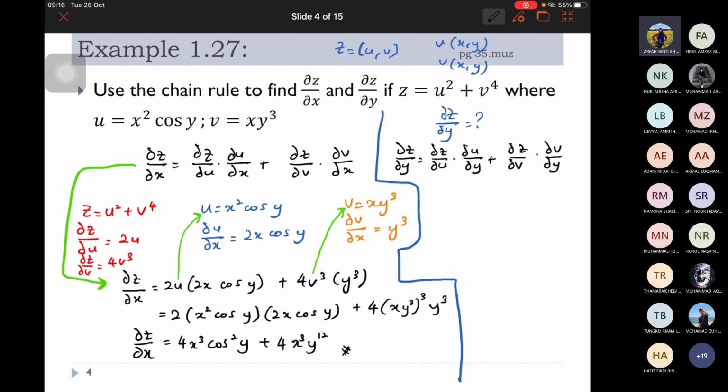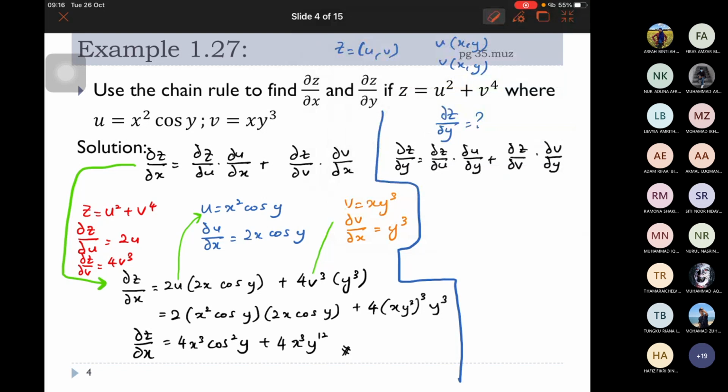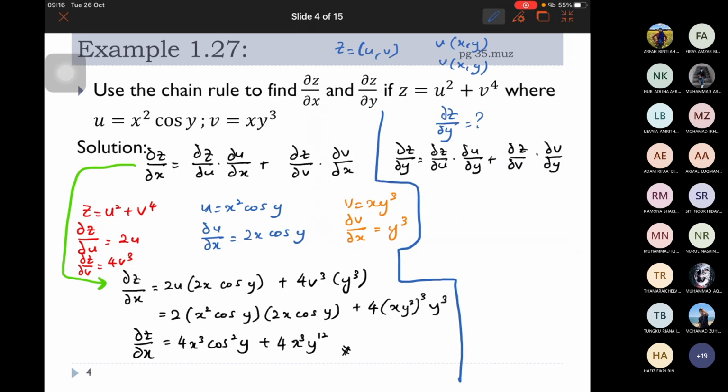Kita bezakan U pula terhadap Y. So delta U over delta Y, this one. Dapatkan delta U over delta Y. Bezakan 2x cos Y. Dapat apa?